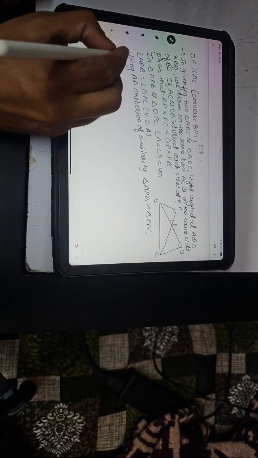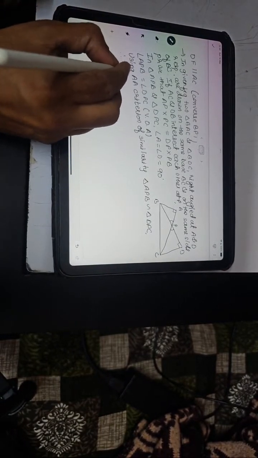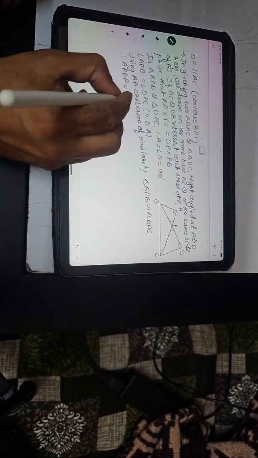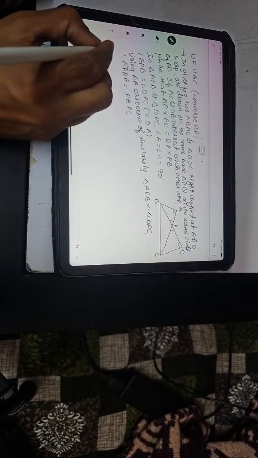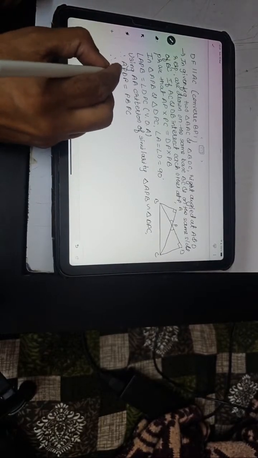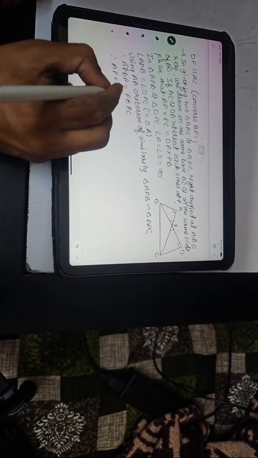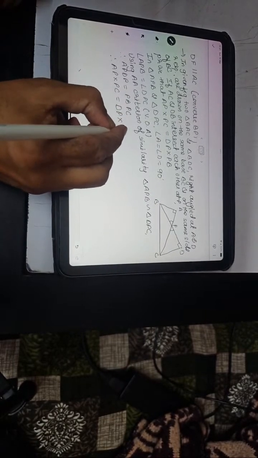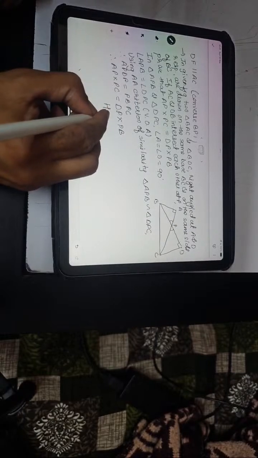So, AP upon DP equal to PB upon PC. Therefore, AP into PC equal to DP into PB. Hence, proved.